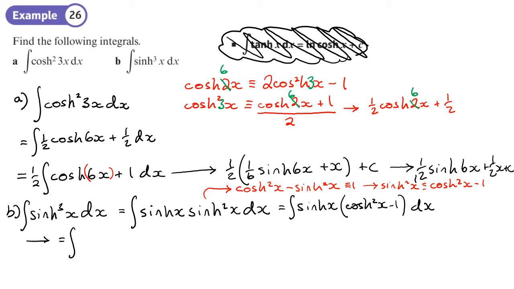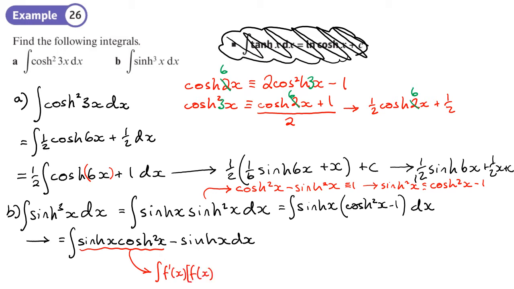So it now becomes sinh x cosh squared x minus sinh x dx. Then for all of this bit here, we can use the pattern where we're integrating f dash of x, f of x to the power n, which will integrate to f of x to the n plus 1 over n plus 1.